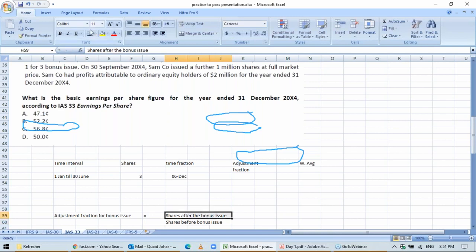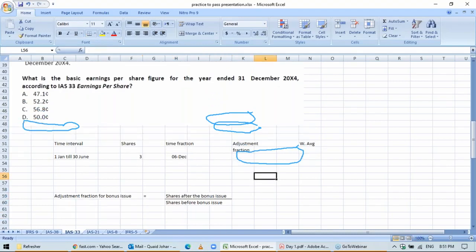So what happened in this case is that a 1/3 bonus issue has occurred, right? So existing shares were 3, and then the company issued a bonus for every 3 shares. So 1 share was added.